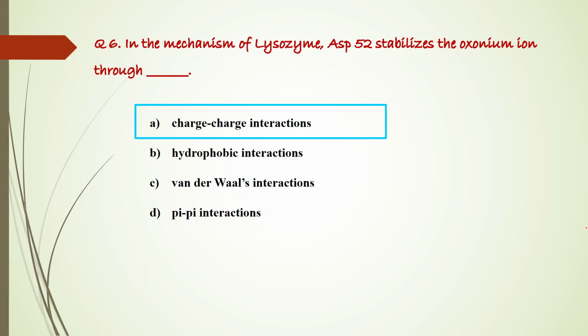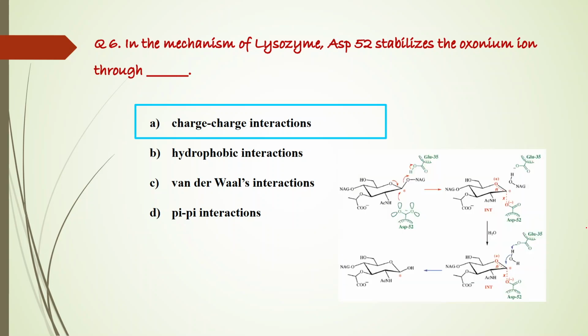So, it is stating charge-charge interaction, but let us remember the whole mechanism through which lysozyme acts, and then we can come to the options one by one. First of all, what is a lysozyme? What does it do?